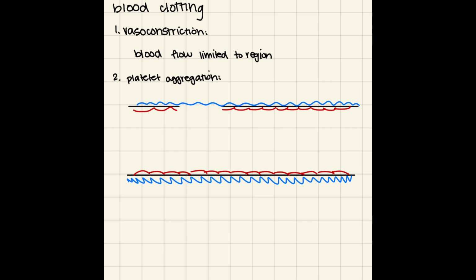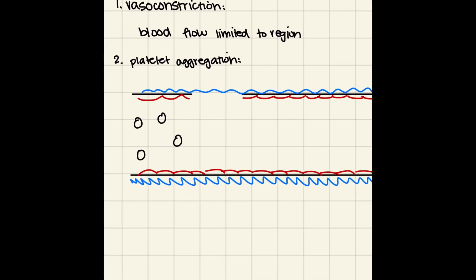So the first thing that is important to note is that we have these platelets that are always floating around in our blood. They're inactive right now, so we call them inert. They're just chilling, waiting for something to happen, right? We also have the VWF, which is a factor that helps to activate platelets.